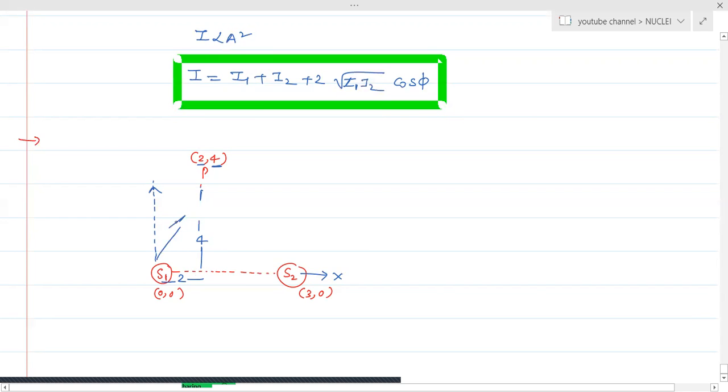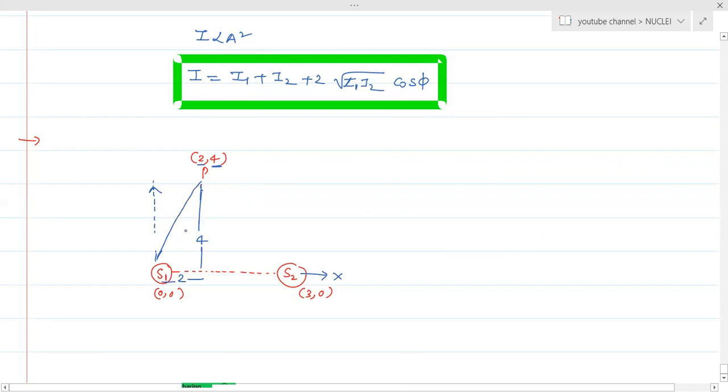So automatically, according to Pythagoras theorem, we have 4 square plus 2 square. 16 plus 4, 20. Okay.